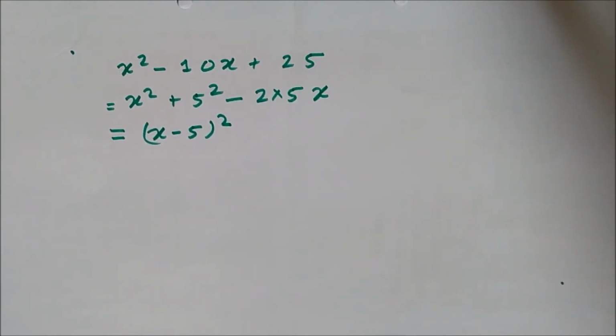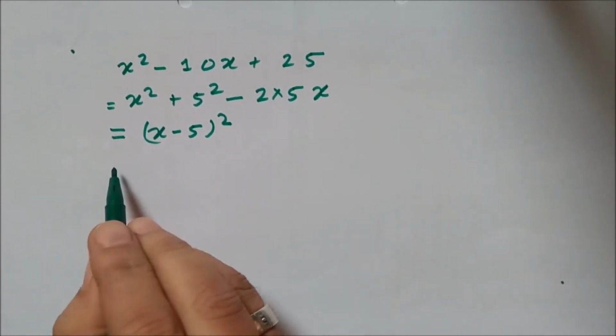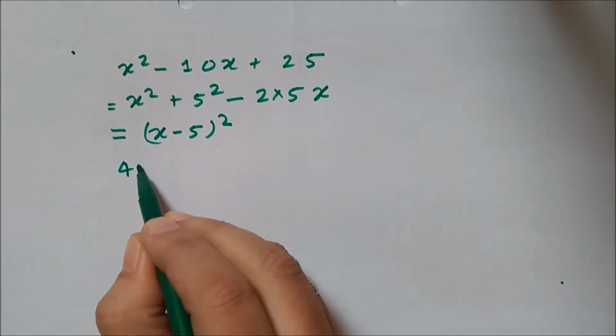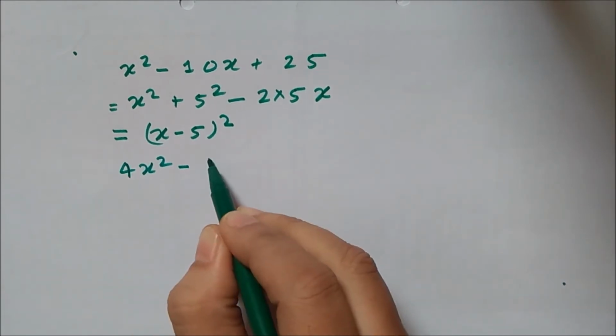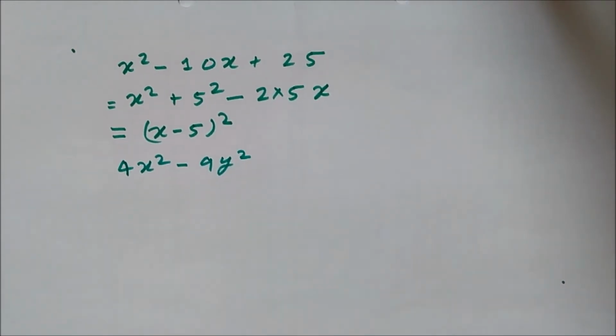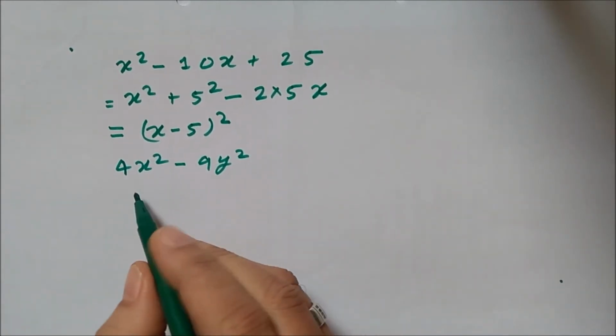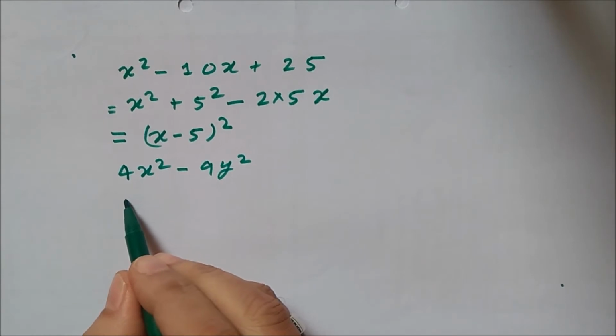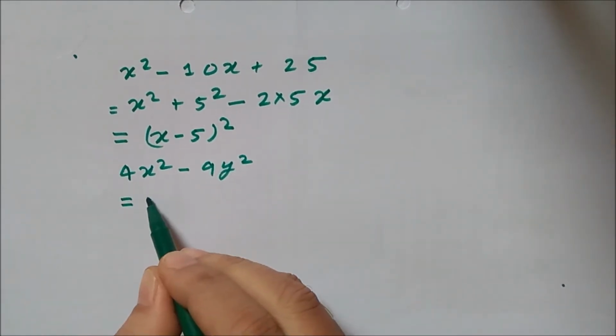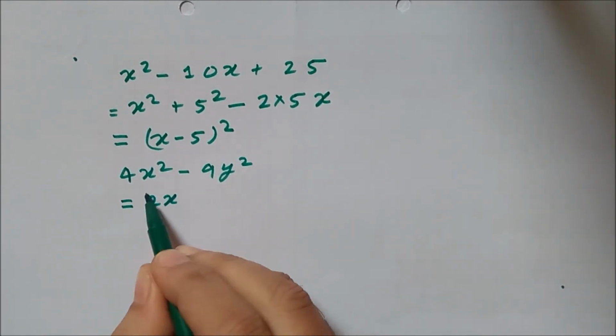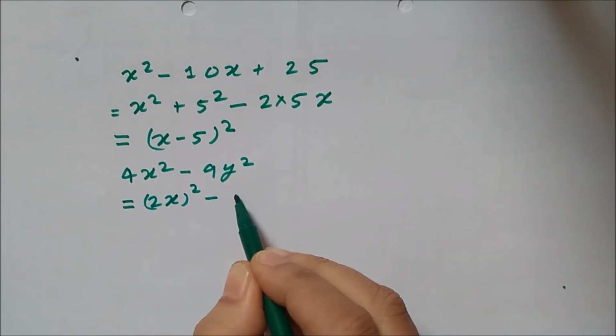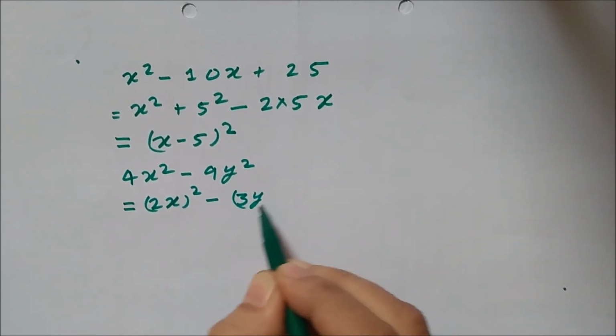Simply, if we look at one more example, that is say 4x square minus 9y square. Here we find there are only two terms in the expression and both are whole squares. So this can be written as (2x) whole square minus (3y) whole square.